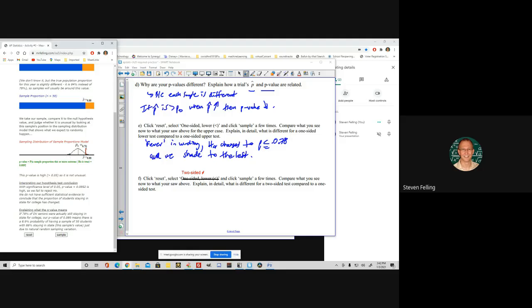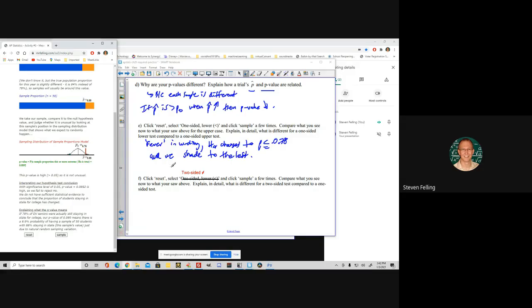This one happened to be above, but it could also have been below. So whatever we get here, we double it, and the program's automatically doing that. But we still use the same 5% to determine that. So both these shaded areas together have to add up to something that's less than 5% to conclude that this is different and statistically significant, because it's unusual.